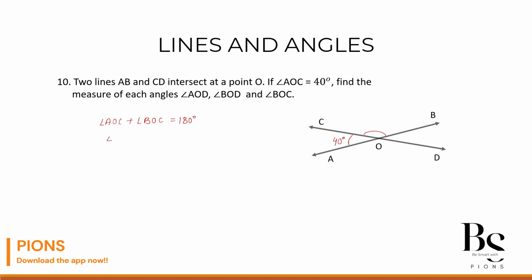So angle AOC, let's put the value, that is 40 degree plus angle BOC will be equal to 180 degree. And angle BOC will be equal to 180 minus 40, and that's 140 degree. Angle BOC is 140 degree.